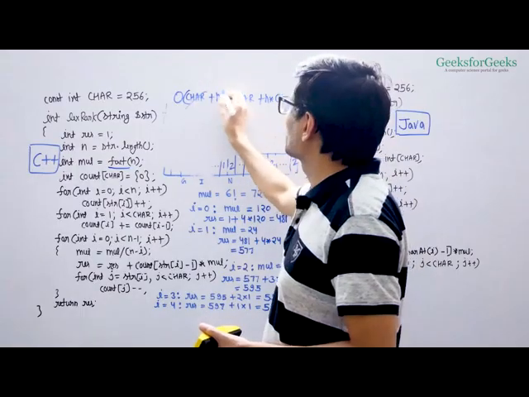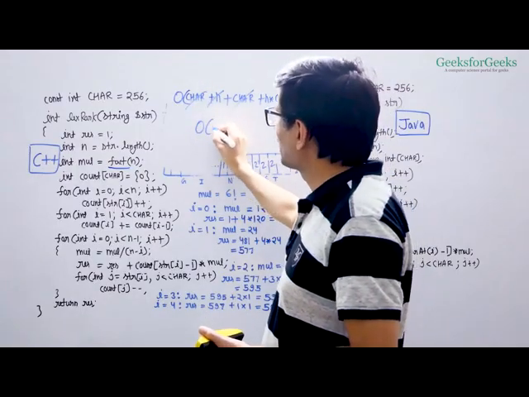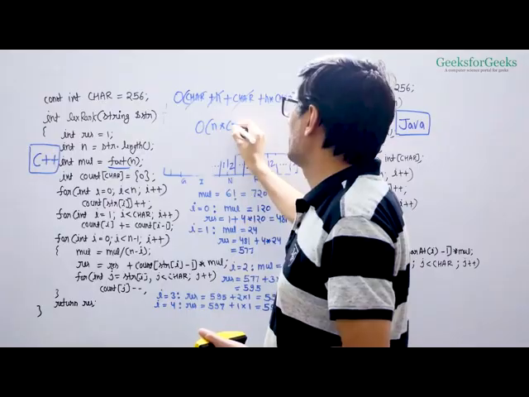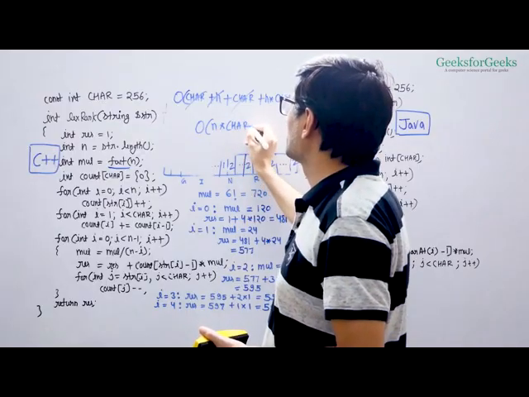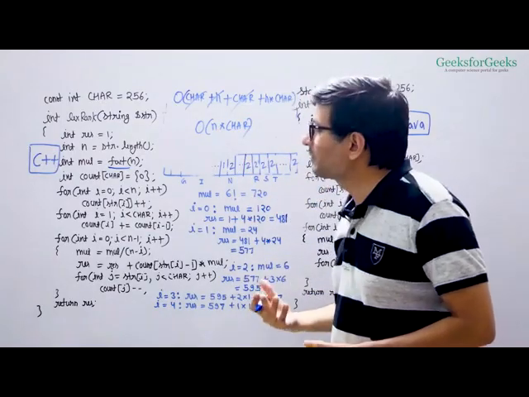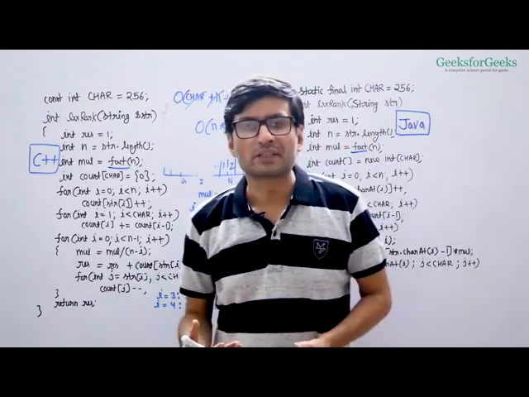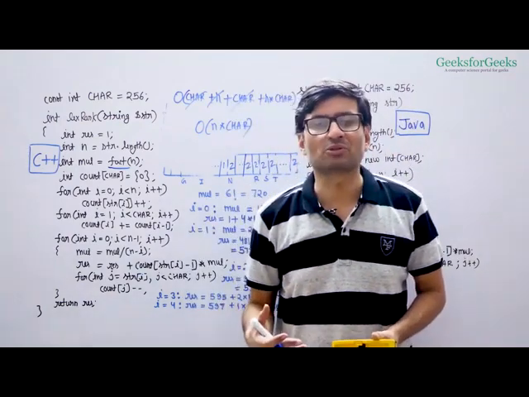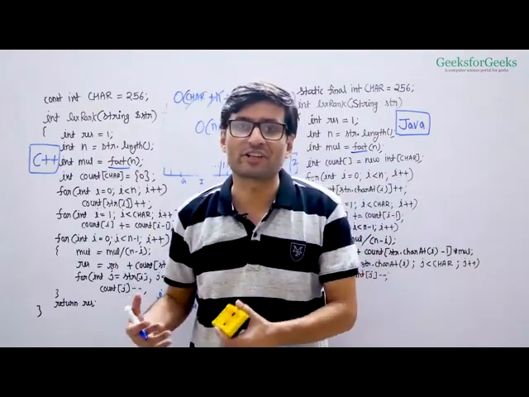We can ignore the lower order terms, and we can say the time complexity is n into char. And if char is a constant, then we can say it's a linear time complexity. And auxiliary space requirement is big O of char. So we have talked about a linear time solution for the problem, which is a great tricky solution.